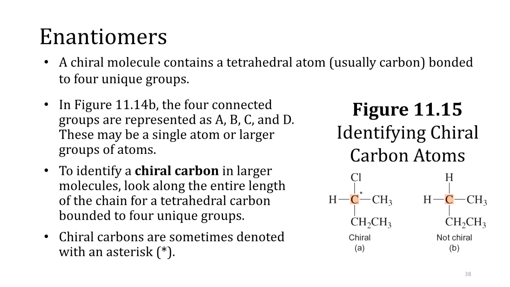To identify a chiral hydrocarbon, you always look and find, is there a carbon bonded to 4 different groups? Sometimes we'll put an asterisk next to them just to make it clear. In this figure, you can see A has 4 different groups: hydrogen, chlorine, methyl, and ethyl. The second one is not chiral. So there's an enantiomer for A. There's not one for B.